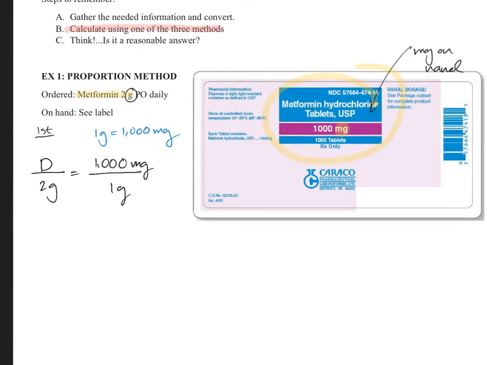So we're going to cross multiply. If you want to pause the video and solve this by yourself and check back in with me, go ahead. Alright, then we can cancel out the grams, and we're left with our dosage is 2,000 milligrams. So now that is the desired dose.